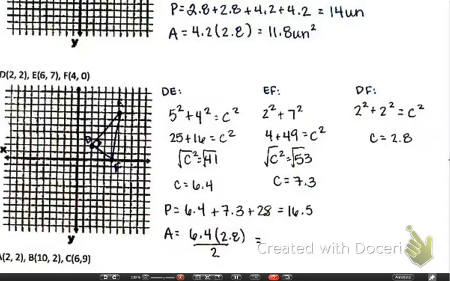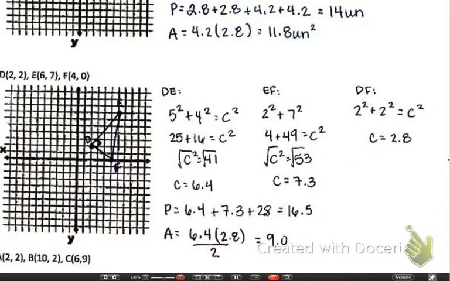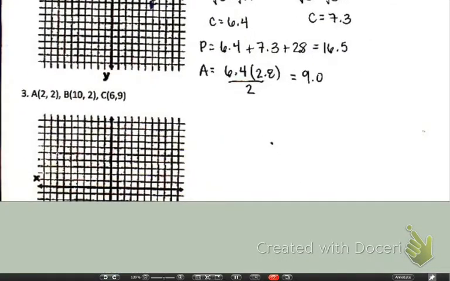So it's 8.96, but if you round to the nearest tenth, the 6 rounds the 9 up to a 0, which then technically rounds that 8 up. So your answer is going to be 9.0. All right, last one.